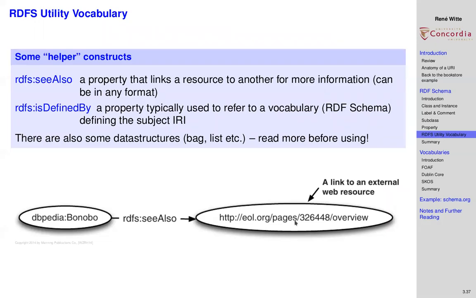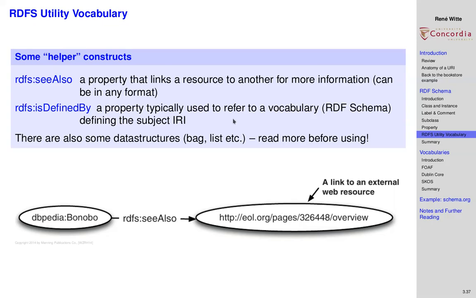It could be a movie, whatever you want. So basically, you can link some additional resource to your graph. Then there is isDefinedBy, and this you can use to refer to a vocabulary that defines the subject URI. I think we'll have an example for this a bit later on.